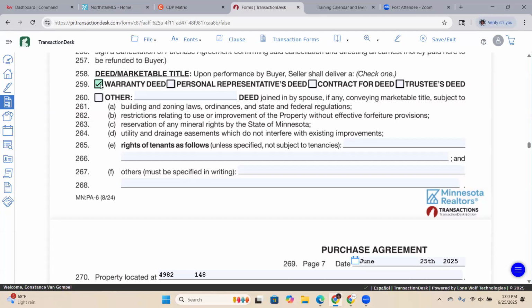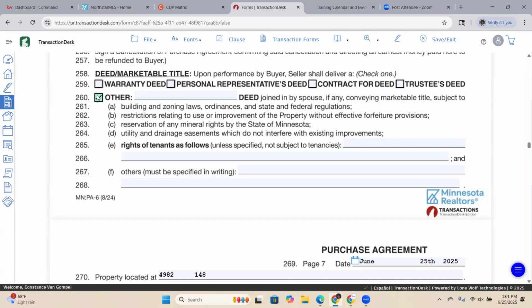But most of them are always a warranty one. Contract for deed is only if the seller is financing the property. And for other, if it's joint spouses, or if you need something to convey a marketable title for whatever reason, then you'd fill that out. That would be open for more discussion.